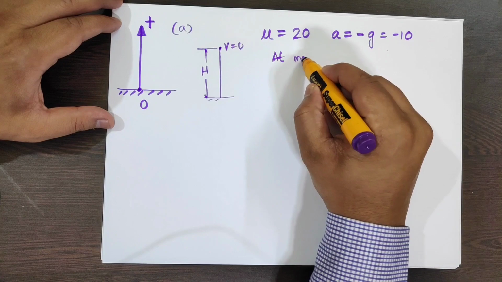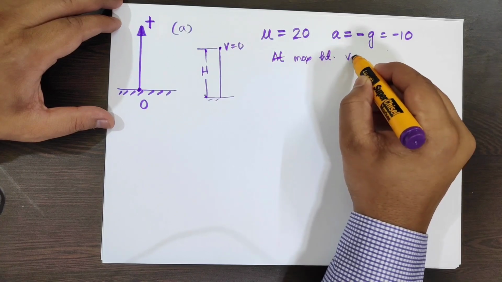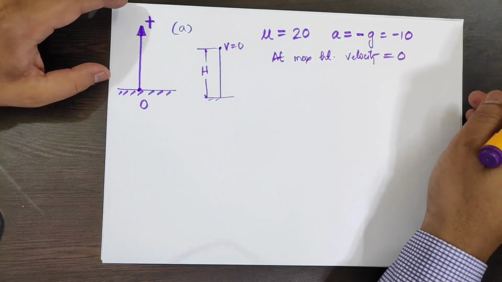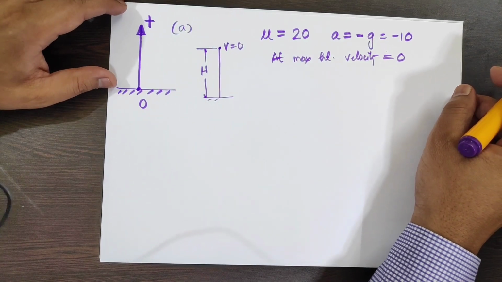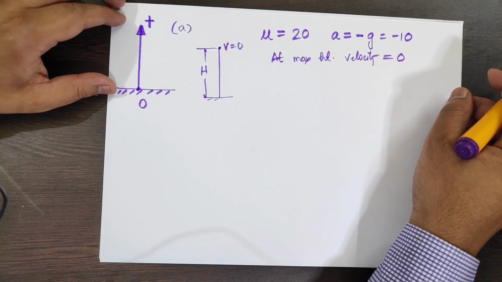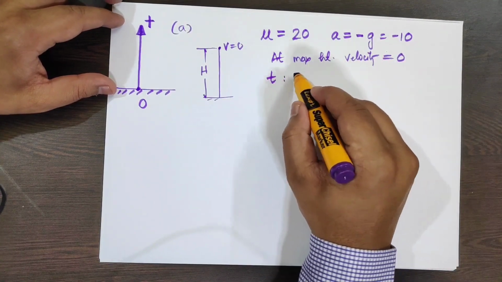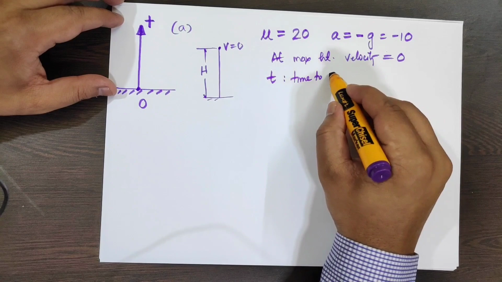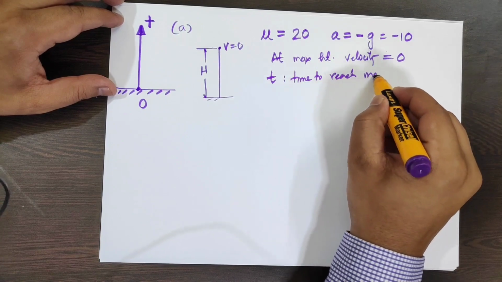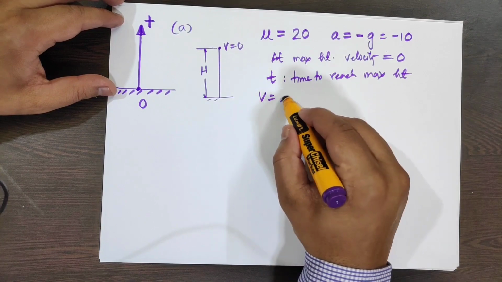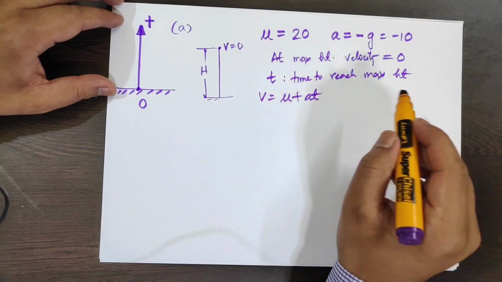So suppose t is the time to reach maximum height, I'll use this equation v equal to u plus at.